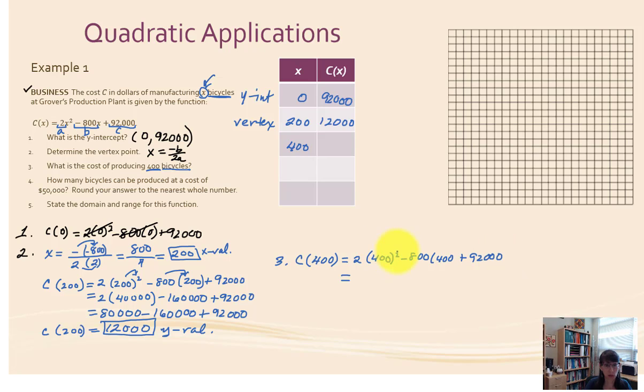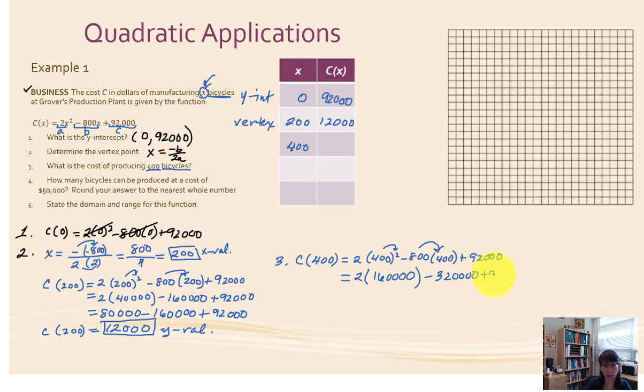So now that we've made the substitutions, we'll use our exponent first. 2 times 400 squared would be 2 times 160,000. Then we have negative 800 times positive 400. So that was going to be subtraction, and that is subtraction of 320,000.